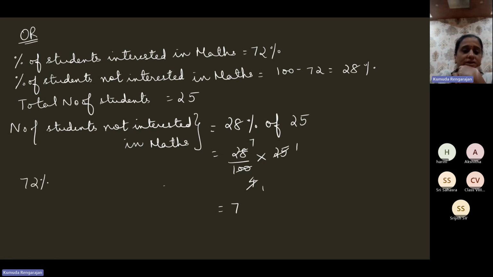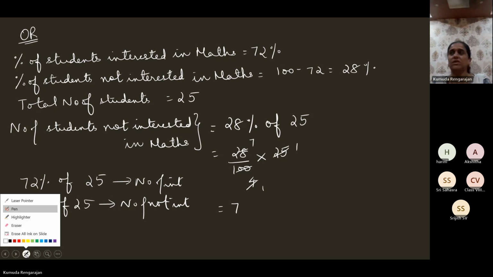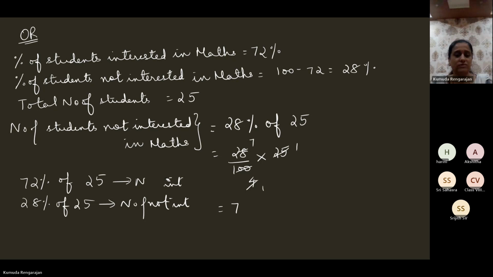72% is interested. 28% is not interested. If you find 72% of 25, the total number of students, you will get the number of students interested in maths. If you find 28% of 25, you will get the number of students not interested in maths. One minute, wait.